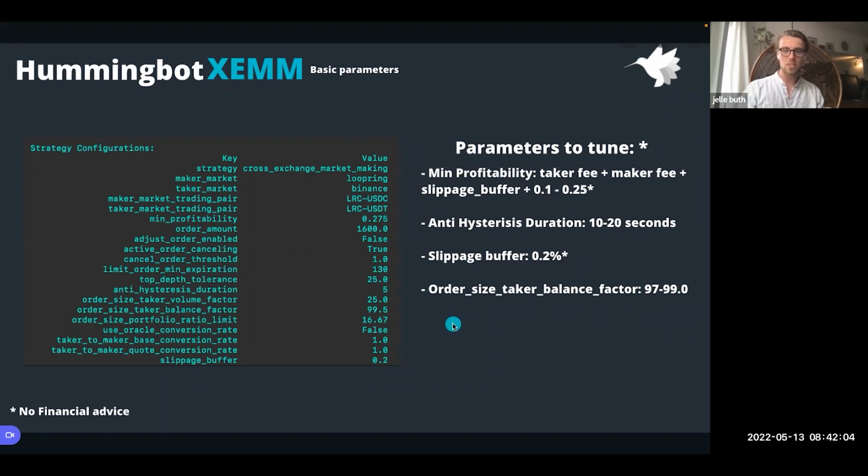What this basically means is that if I have 100 USDT on my taker exchange, and I set this parameter to 50%, it will only allow 50 USDT of those funds to be used for hedging. And so you leave a little bit of extra room for error with this parameter.